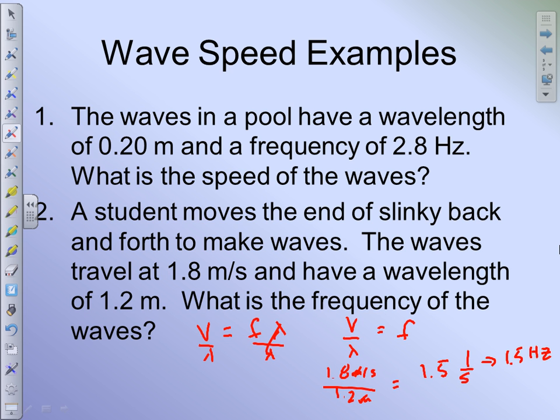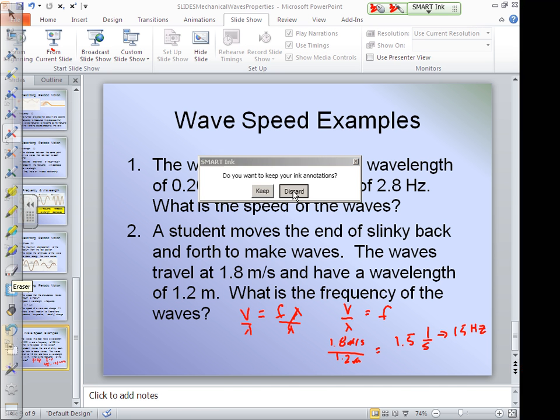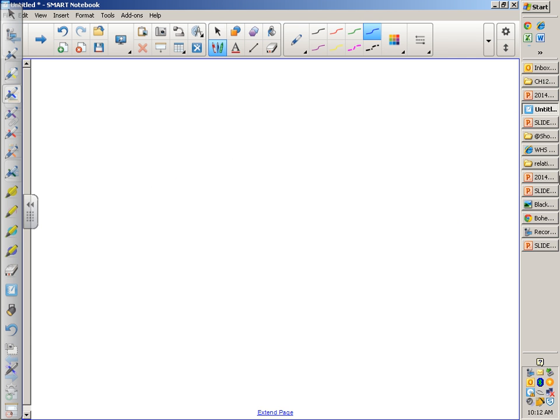Okay? Wait, why is it at 1? No, I'm sorry, I should do this. Let me do this. All right, so we've got 1.5 meters over 1 second, yes? That's what the speed is.